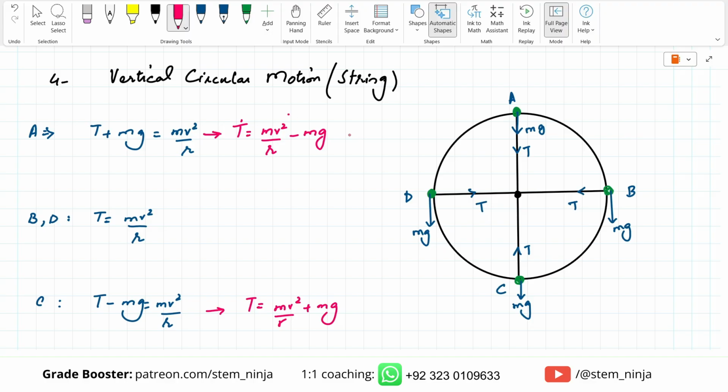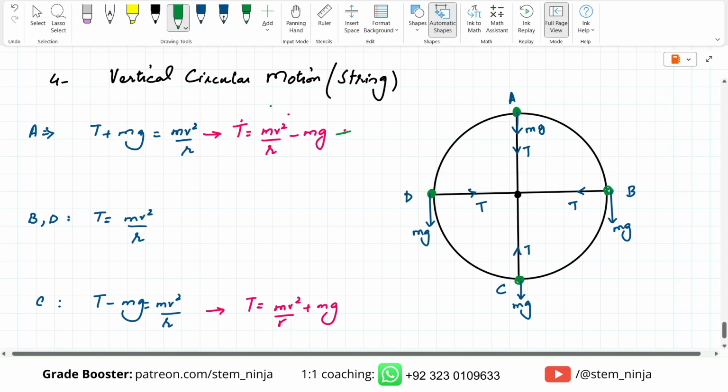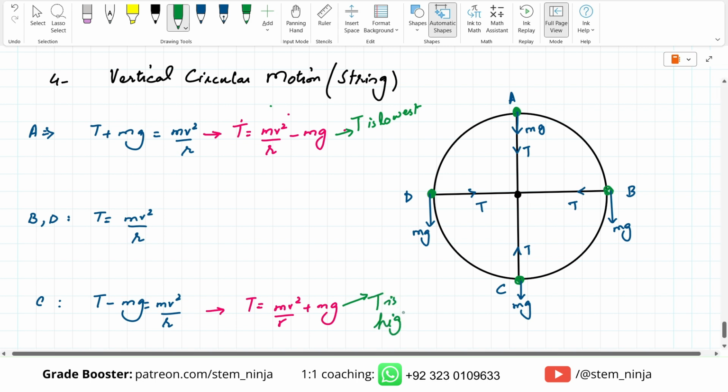Now, what do these 2 equations tell us? What does this minus and the plus indicate? This indicates that this is where T, tension, is lowest. And this is the point where tension is highest or maximum.